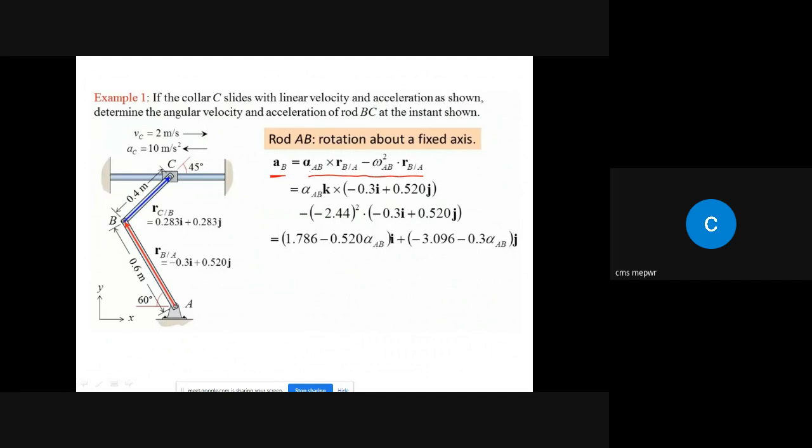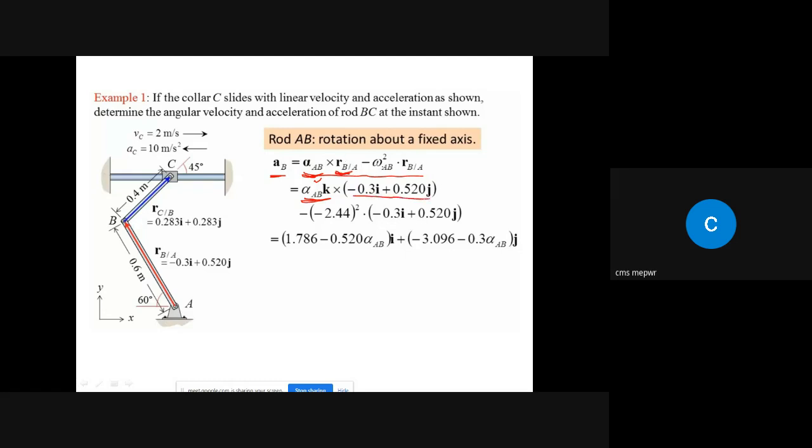And if you want to write it in vector or component form, the angular acceleration of AB has direction along the k direction, along the z axis. So I have written it along its unit vector, in the form of its scalar component, with magnitude and direction along k, and RB by A, which we already identified in the previous part. So we can write this value.